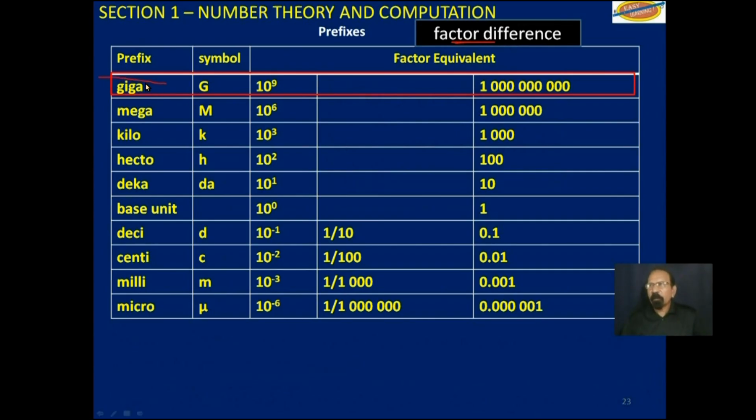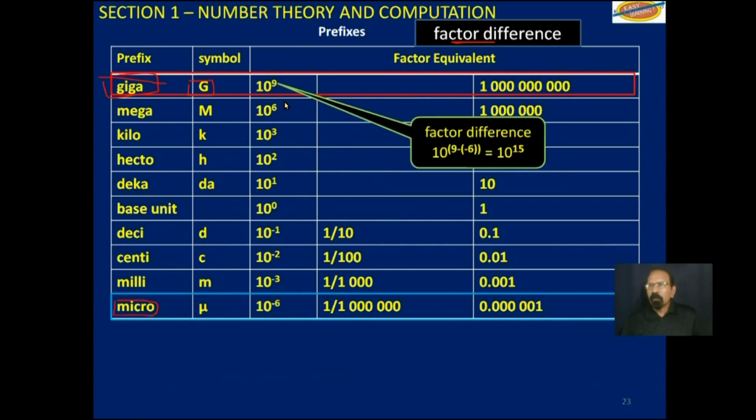Okay, consider this quantity up here, giga, and consider this one down here, micro. Now, giga means 10 to the 9th of the base unit. Micro means 10 to the negative 6th of the base unit. So what do you do? You would always subtract the smaller index from the larger one. In effect, you are dividing this one into that one up there to find out how many of this smaller one makes one of the larger one.